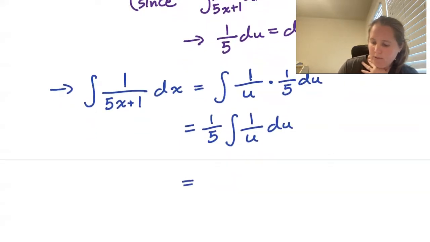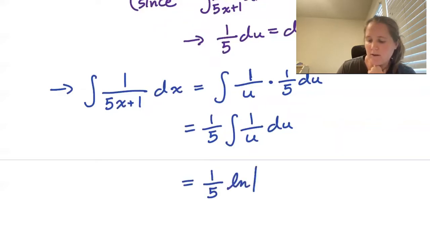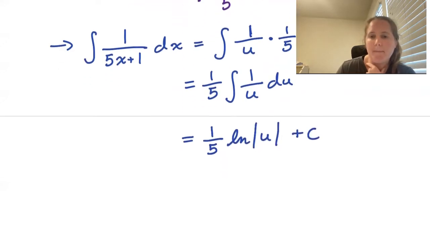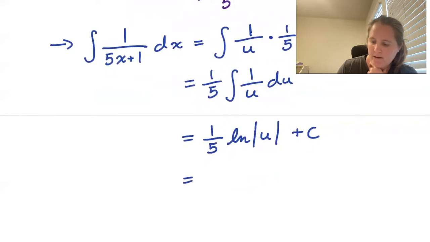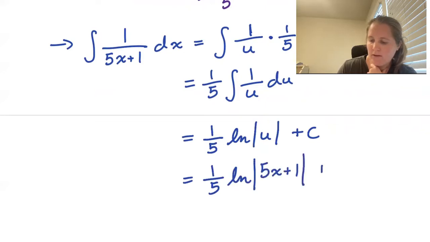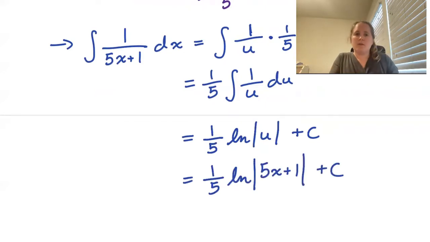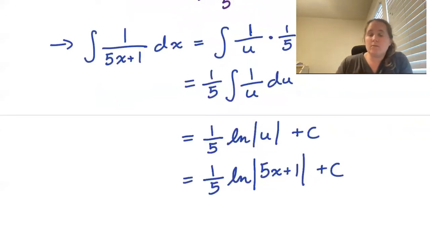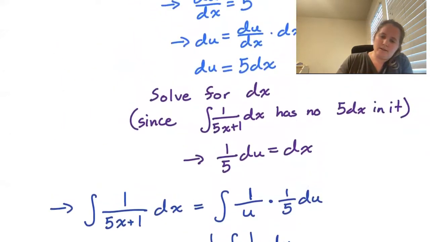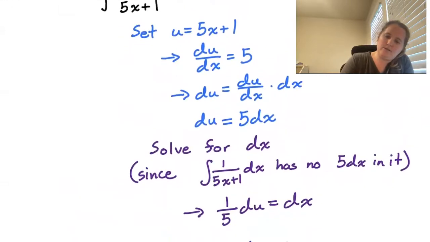This then becomes 1/5 times the natural log of the absolute value of u, and then we have our plus c. And so we get 1/5 times the natural log of the absolute value of 5x plus 1, plus c. When we do our integration, plugging in u's, this is what is called u-Substitution. So this whole process here is u-Substitution.